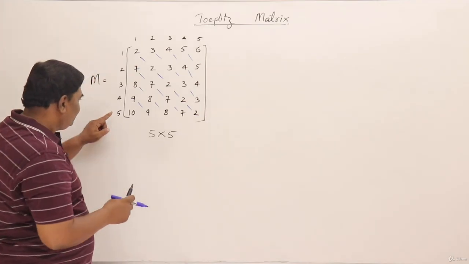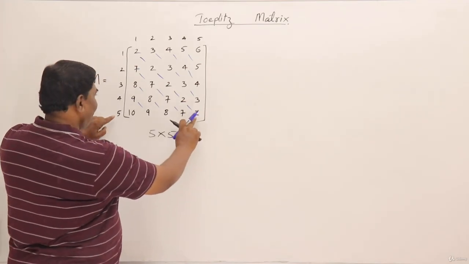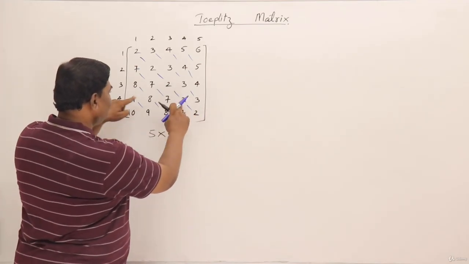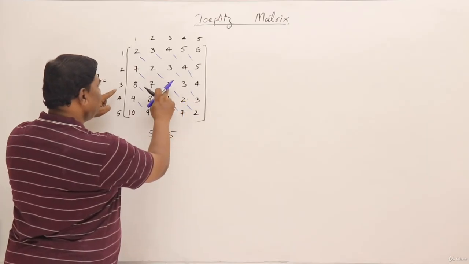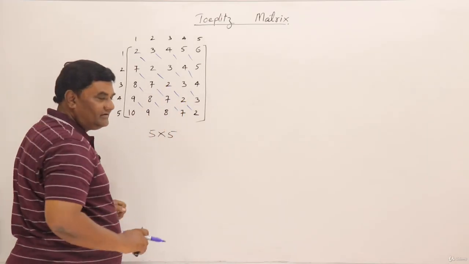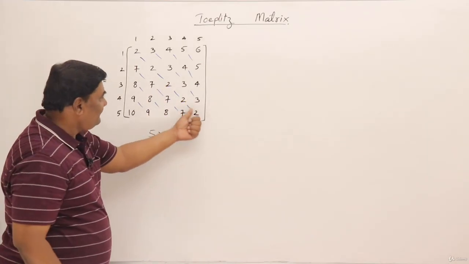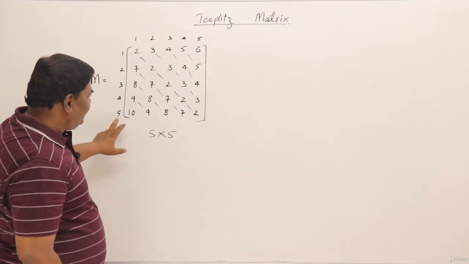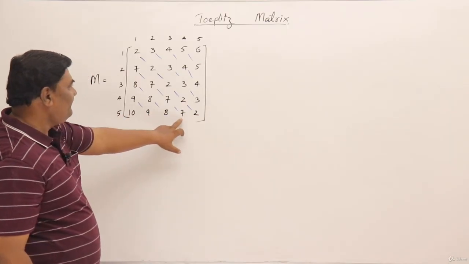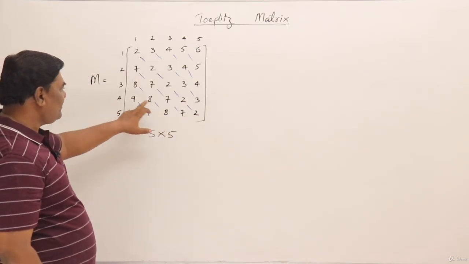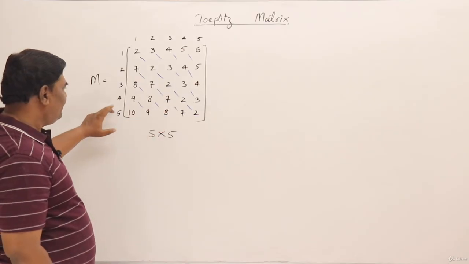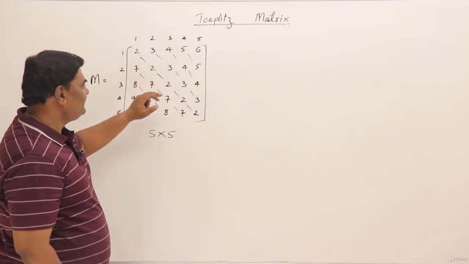So it means the 5 comma 5 element is same as 4 comma 4. That is same as 3 comma 3. So from the bottom I have started. Then if I take this element 5 comma 4, that is same as 4 comma 3. See, 5 minus 1 and 4 minus 1, 3.